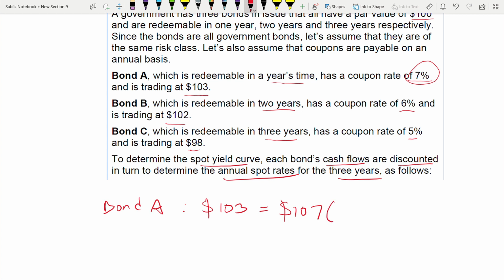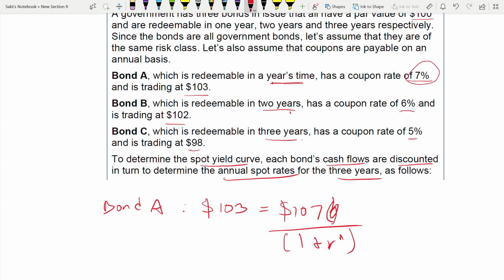This 107 you need to discount by what? By 1 plus r to the power 1 because it is year 1. You have to start with bond A because bond A is in 1 year's time. Once you find this r, you can use it for the next bond, and then once you find that, you can find the third year. That's how you go. Bond A, bond B, bond C. Okay, because it is for 1 year, it's easy to start like this.